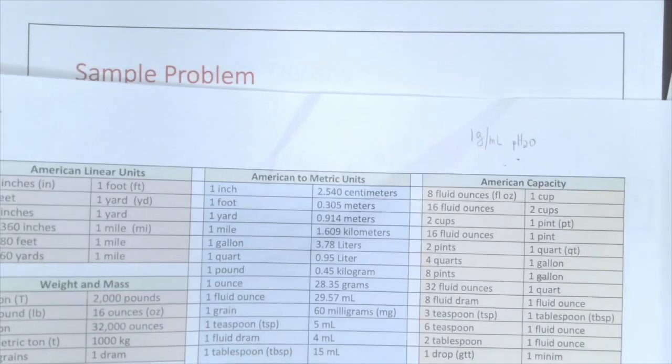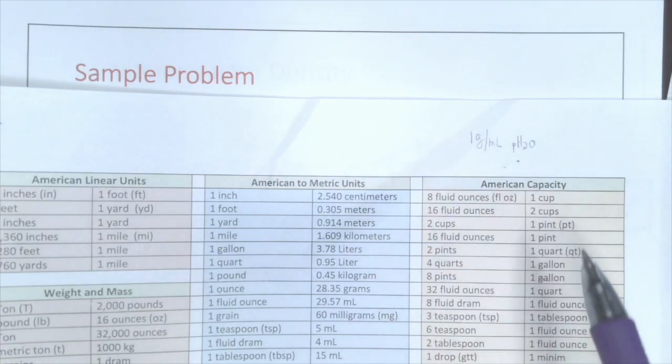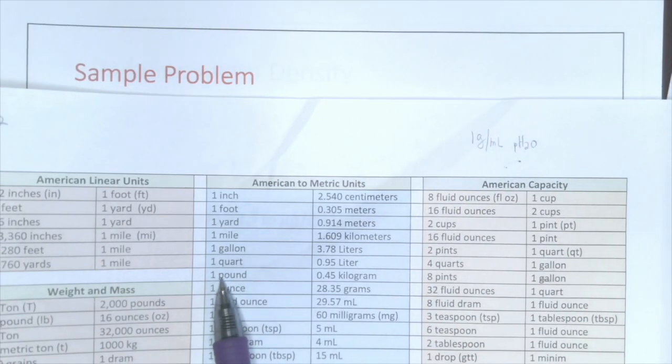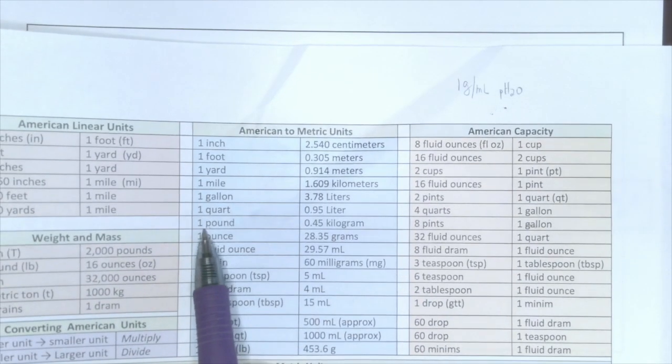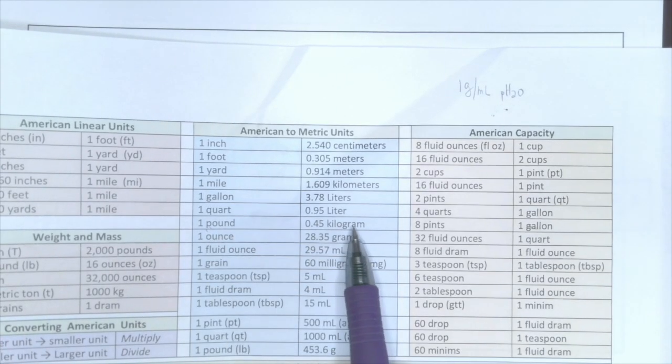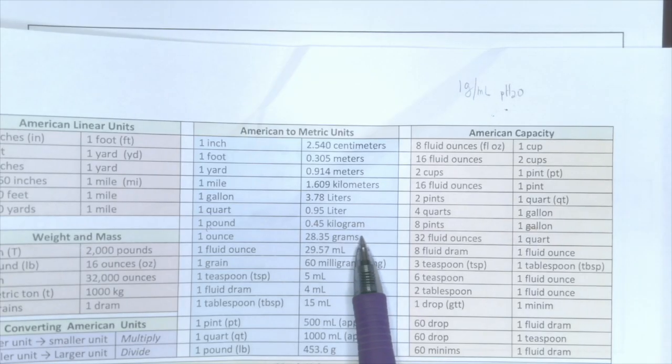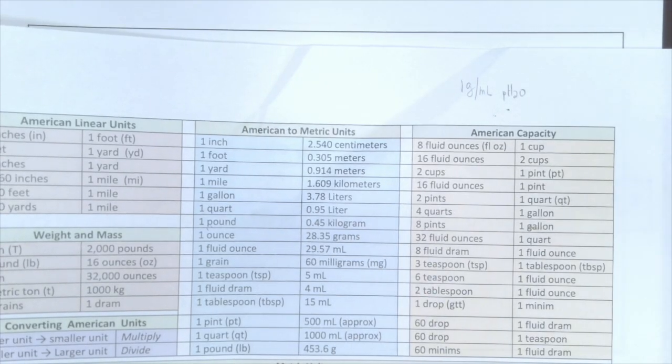Again, let's plan out our conversion. We have pound, and we have a conversion factor from pound to kilograms. Then we can turn kilograms to grams, and then from grams to microgram.